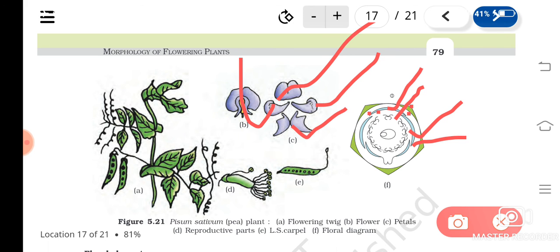Now next are the keel petals. This is represented by this diagram, and you can see they are joined. We are showing them together by this line, and you see here both sides of the keel petal will be inside.